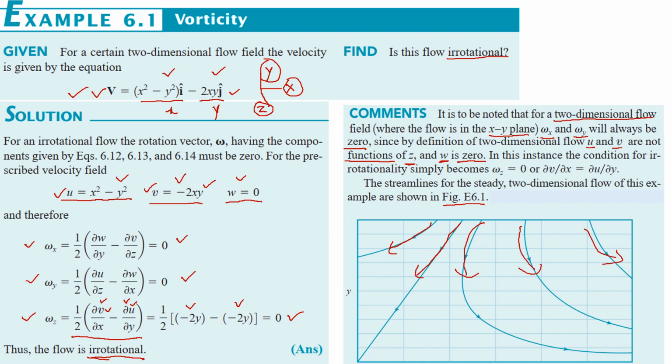If they were to move towards each other like this, then it would have caused a rotation, but since the streamlines here are moving away from each other, they will not cause any rotation. So this was related to vorticity, and this was our first example of this chapter.